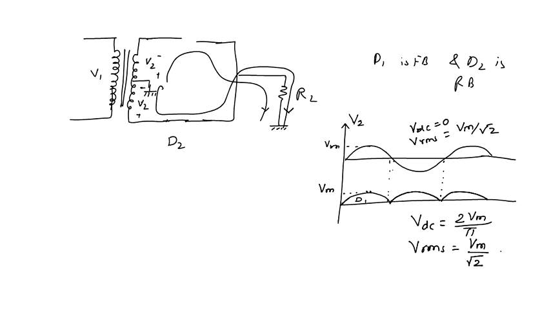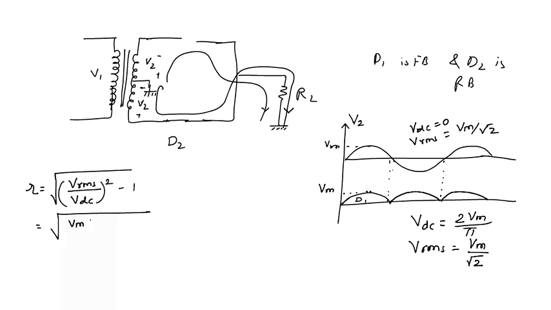Now for this full wave rectifier, we'll define the ripple factor. Ripple factor is root of (VRMS upon VDC) whole square minus 1, which is equal to the square root of (Vm by root 2) whole square divided by (twice Vm upon pi) whole square, minus 1.